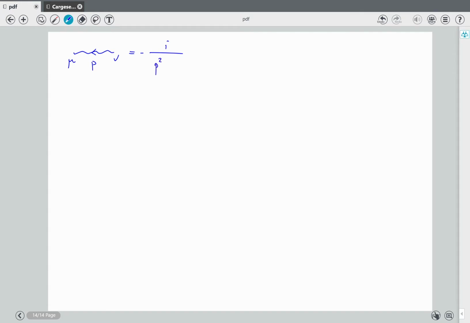Minus i divided by p² minus m², there is a minus, times η_{μν} minus p_μ p_ν divided by m², which we call iΔ_{μν}. And so we have to check that this matrix Δ_{μν} contracted with the operator Q^{νρ} will give the identity.